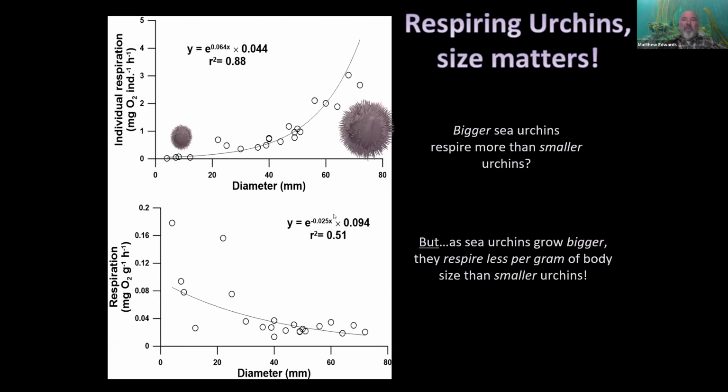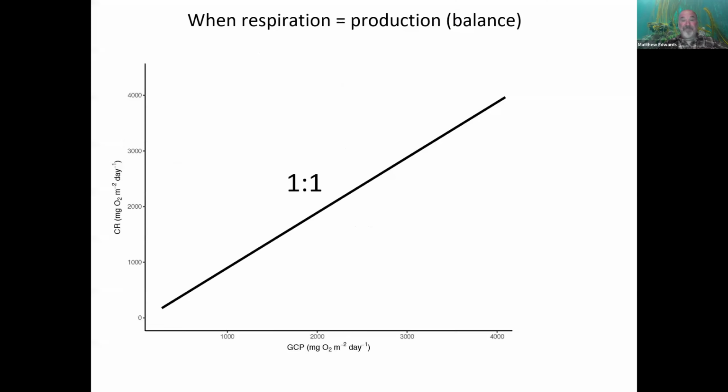The point of this is that urchin size matters. This is a very complex thing to put across millions of urchins that we've counted. If any of you have been affiliated with any of Jim's cruises, you know that on any one cruise, you're measuring the test diameter with calipers of hundreds of thousands of urchins. So it's a huge data set to work with. But we do see part of the respiration change in the individual organisms.